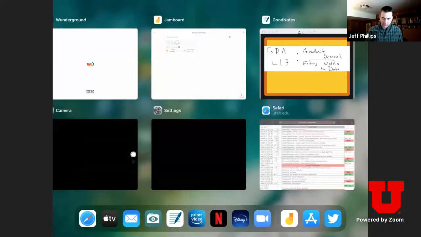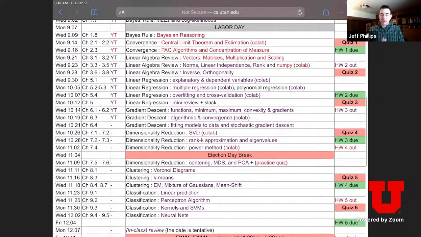Okay, so just looking at the schedule, as we usually do at the start of class, this is the last lecture in gradient descent. This will conclude what quiz number 4 is going to be on. Quiz number 4 will just be on the last 3 lectures in gradient descent, so the previous 2 lectures and this lecture. And that's going to be at the end of class on Monday as well. It's the same drill as before.